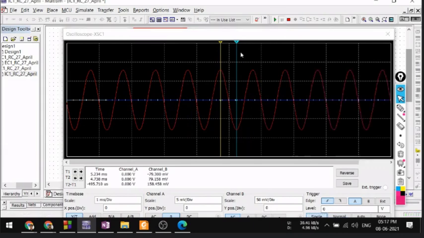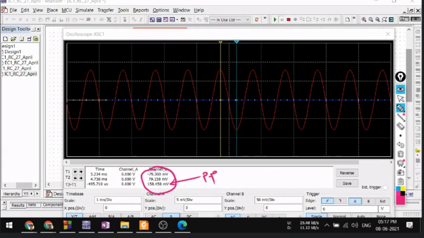Okay, pause it. Let us note down this one, student. Here you can see the negative peak, positive peak, and this is your peak to peak, correct?